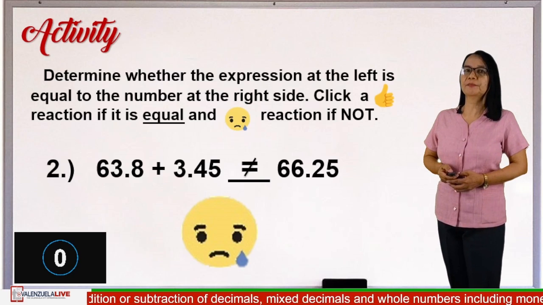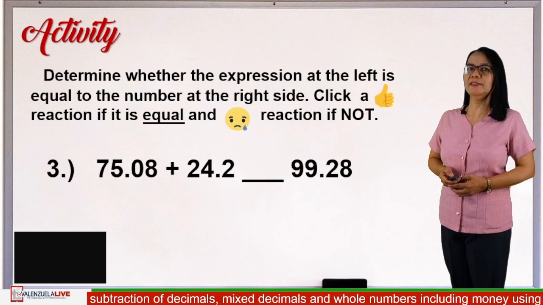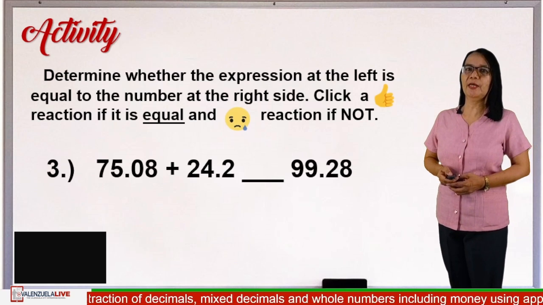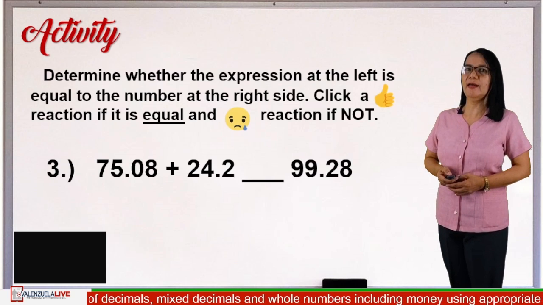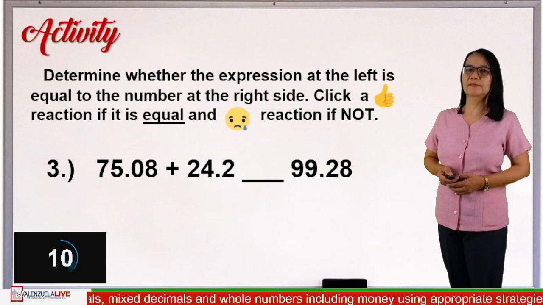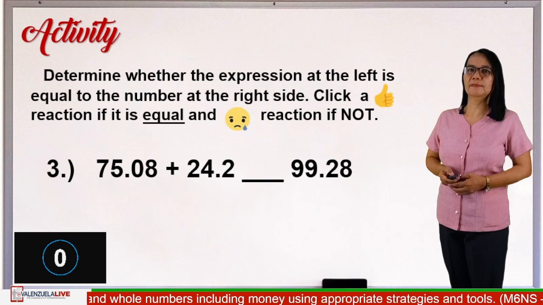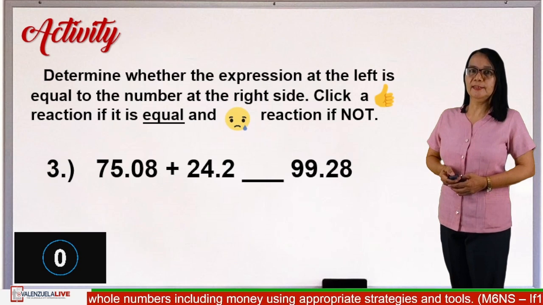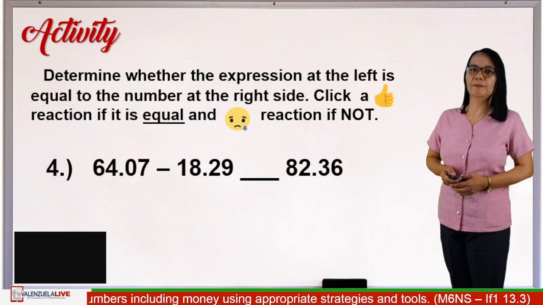Number 3 is 75 and 8 hundredths plus 24 and 2 tenths equal to 99 and 28 hundredths? It is like reaction. How about number 4?